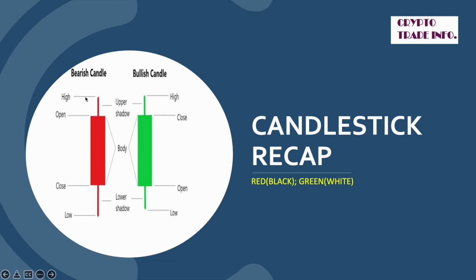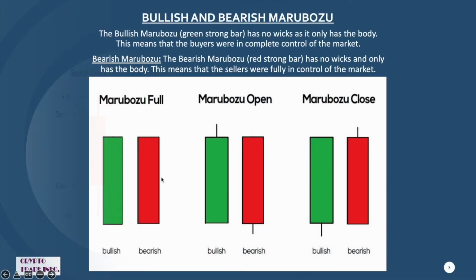So now we know about the highs and lows of a candle, the open and close making up the body, and the highs and lows making up the wick. These are the basic things we need to know about candlesticks. Moving further, let's start talking about some types of candlesticks we have.